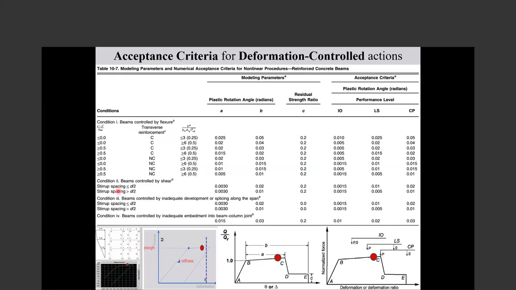I do whatever I want, and then check if the building satisfies the performance level. It's okay. We want the performance level, and no building element fails the acceptance criteria. So we do.